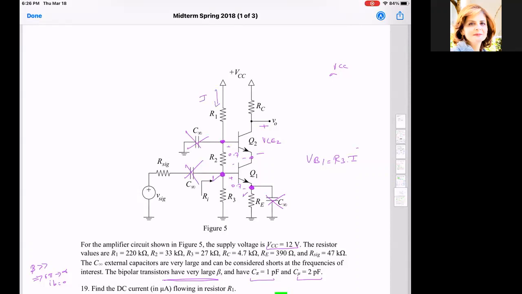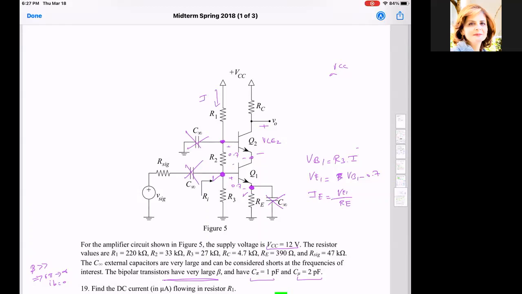And therefore I can find that VE1 is equal to VB1 minus 0.7. This means that I can find IE, right? It is equal to VE1 over RE, right? Okay, now I find this.